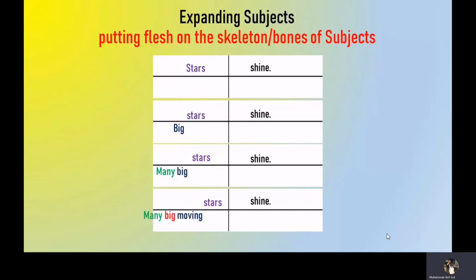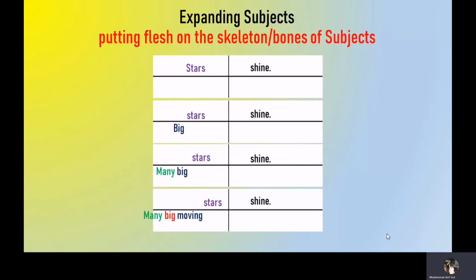So this structure is also informing us that we place adjectives before nouns. Adjectives are those words which give us further information about nouns. So here big is giving us information about stars. Stars is a noun. So big is an adjective.